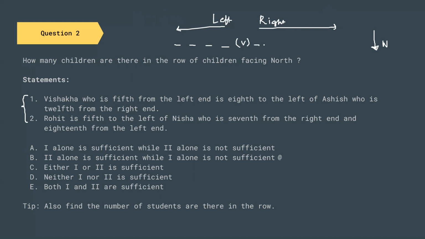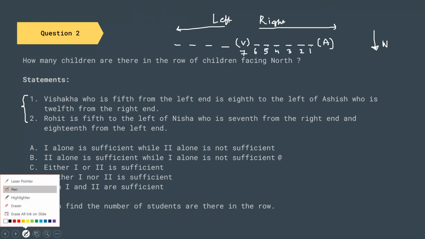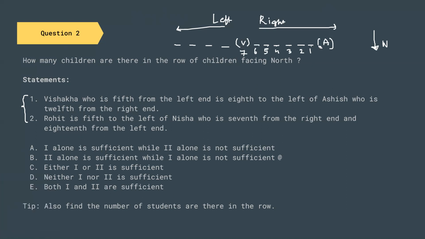So 1, 2, 3, 4, 5, 6, 7, and this will be your Ashish. So if you look, Vishaka is first place, second place, third place, fourth place, fifth place, sixth place, seventh place. I think I missed one place here. So I will just remove this thing now.